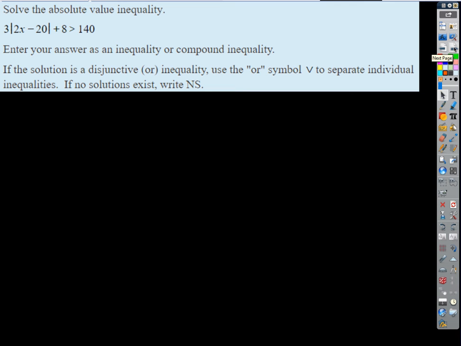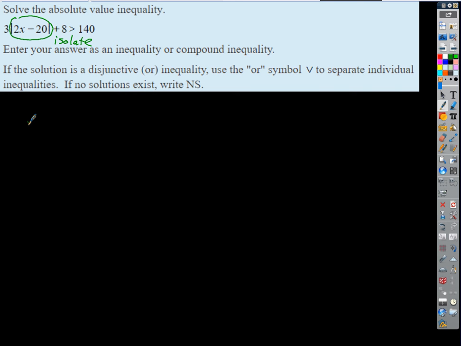We got to isolate the absolute value, right, as always. So first thing we'll do, subtract 8 and divide by 3, right?